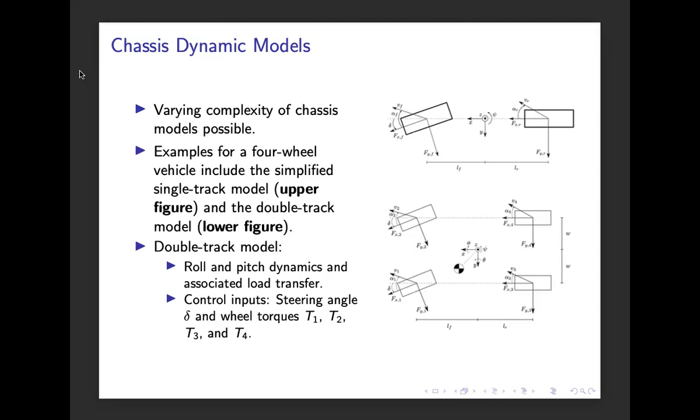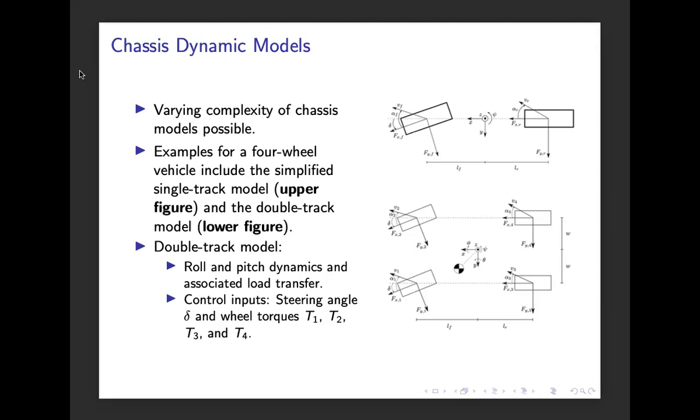If we need more advanced models and need to consider all four wheels, then we have what is often called a double track model. Here we have the individual wheels, the center of mass, and all the related variables for the rotational motion as well. Double track models include both roll and pitch dynamics and the associated load transfer in terms of the normal forces.